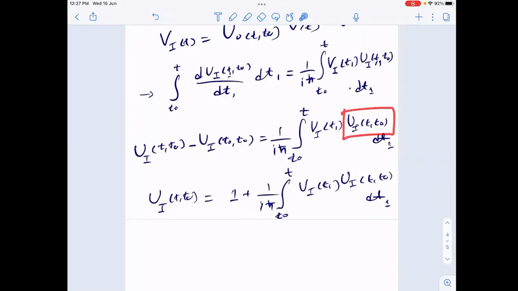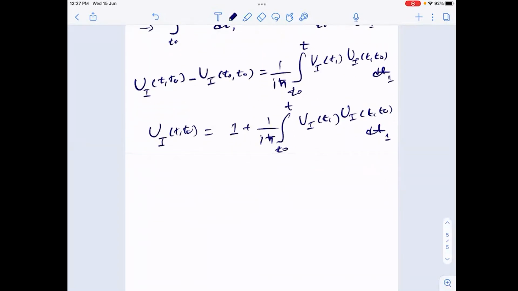So iteration of UI T0 is what we are going to do within the integral, right? Yes. So what will it give us? Okay, so let me write it again. Going ahead from this point, we are going to do repeated iteration of UI T0 within this integral. This is a very small part.